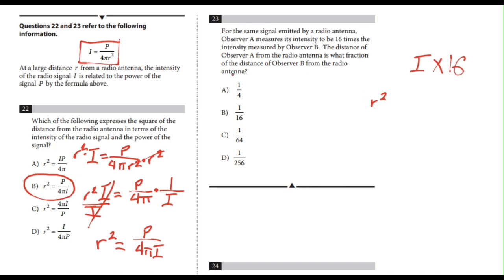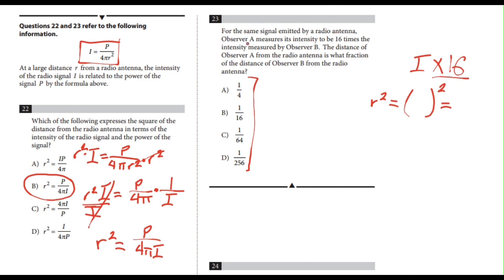Since r squared is in the denominator, that's why all of these fractions result in the intensity increasing. Now the next part that we need to pay attention to is the r squared part. We need to square whatever the distance is, and it's going to result in a 16 times intensity magnification.